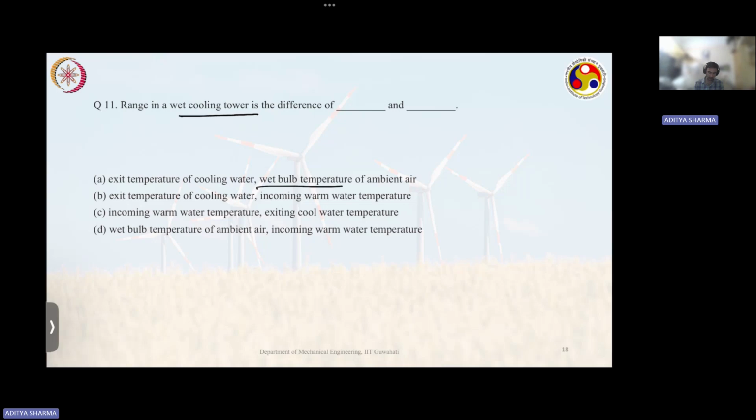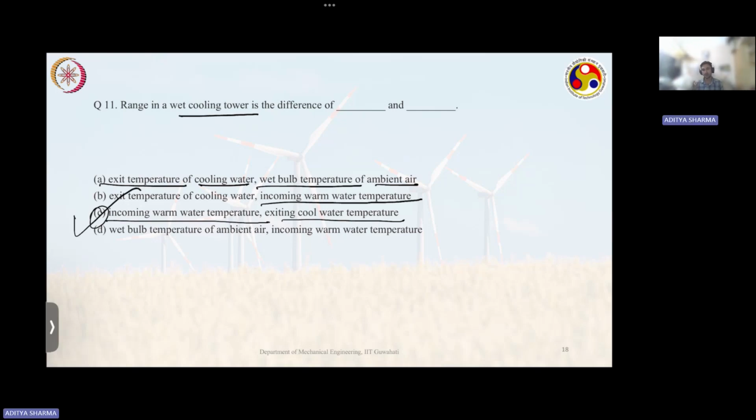Wet bulb temperature has been mentioned, exit temperature of cooling water, and then incoming warm temperature has been discussed. Based on these three temperatures, options have been written here. If you see the definition of range, this basically is the difference of incoming warm water and the exiting cool water temperature. So option C is the option that we are looking for.